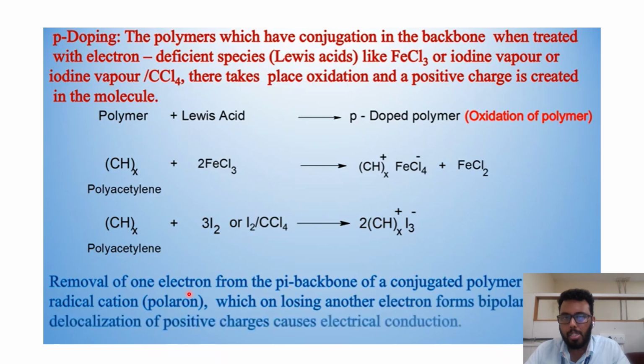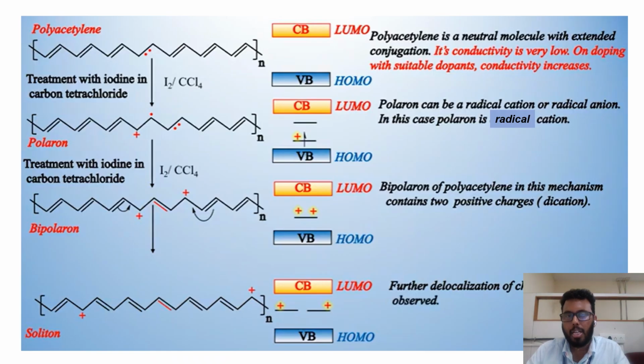During all this process, one electron is removed from the pi backbone of the conjugated polymer to form a radical cation. Radical cation means you will have a dot and a plus charge, a polaron, which again loses another electron and forms a bipolaron. The delocalization of these positive charges contributes to electrical conduction.